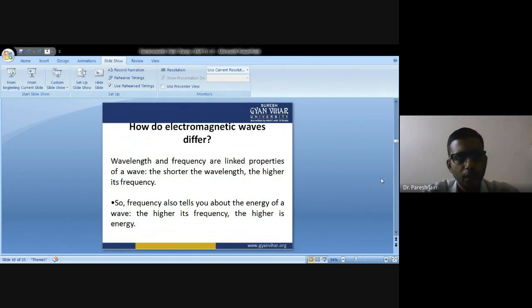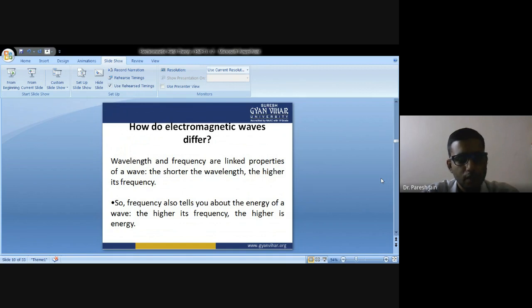How do electromagnetic waves differ? Wavelength and frequency are linked properties of the wave. The shorter the wavelength, the higher its frequency. In the previous slide, we have already discussed that the wavelength and frequency are inversely proportional.